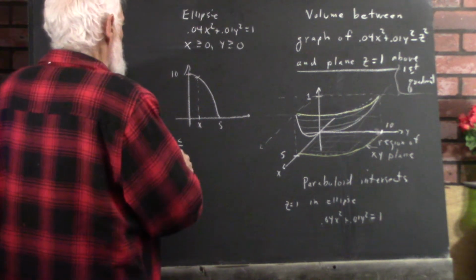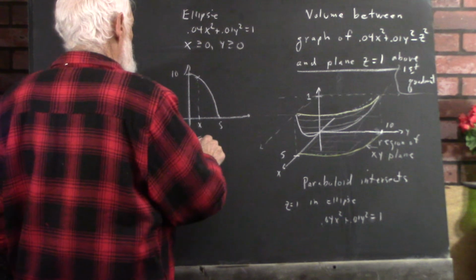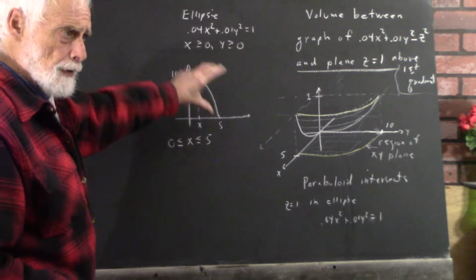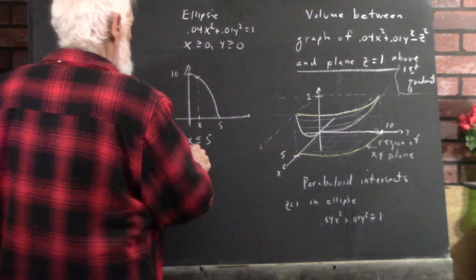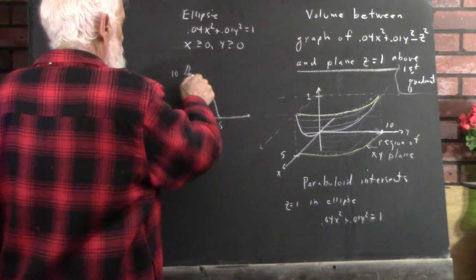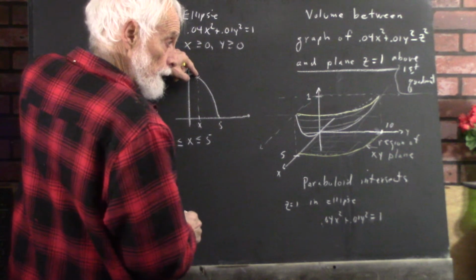Okay, we're going to set this up by the inequalities 0 less than or equal to x less than or equal to 5. I don't know if you're using inequalities, I don't know if you're drawing pictures, but you should be. Okay, and then for every x, y goes from 0 up to whatever the intersection of this vertical line is with the ellipse.